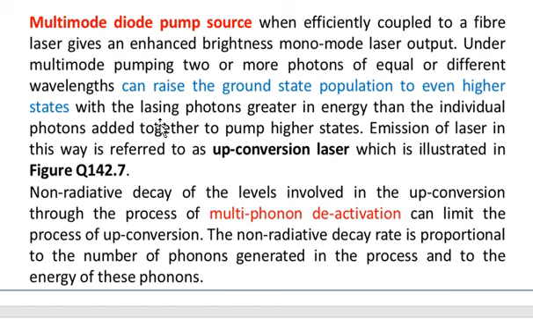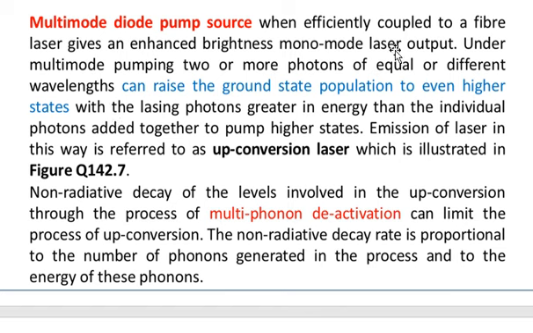That is through the up conversion process. Higher population in the higher states can be obtained, and then lasing photons can be obtained with energy greater than the energy of the individual photons added together.